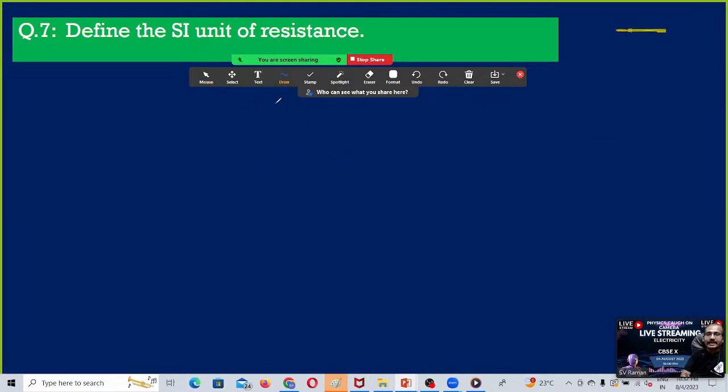As you know, according to Ohm's law, V is equal to I into R. From that, R is equal to V by I. Resistance unit is ohm, electric potential unit is volt, electric current unit is ampere. So define 1 ohm, which means 1 volt by 1 ampere. That is the definition of the SI unit of resistance.